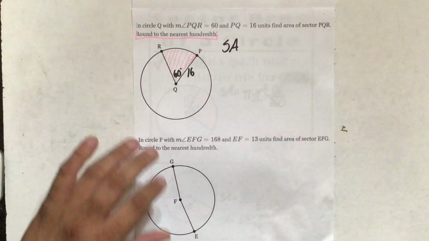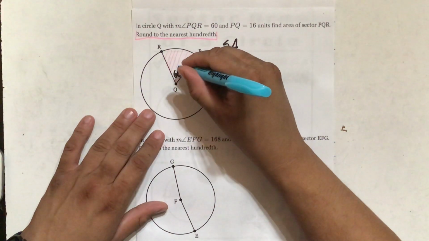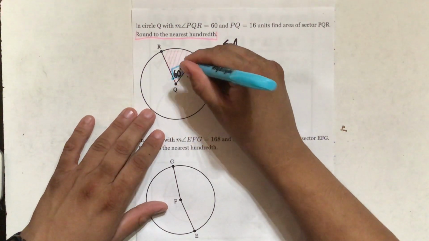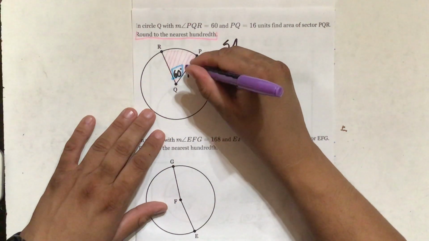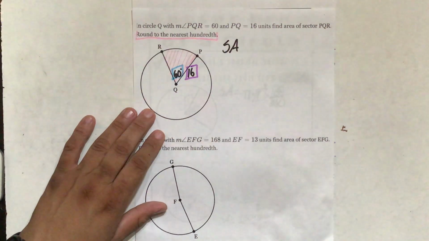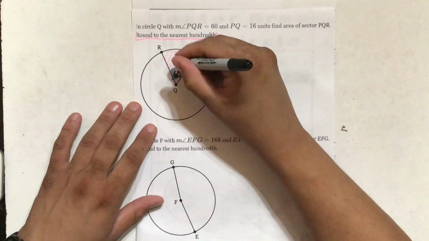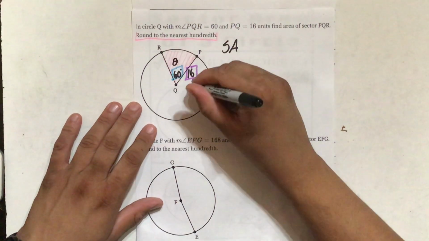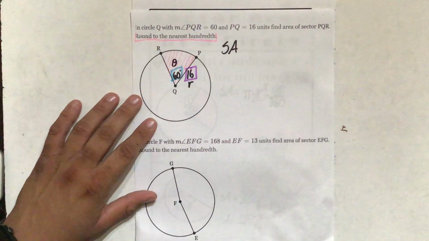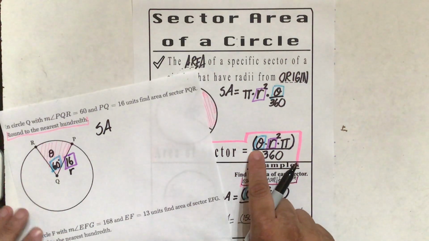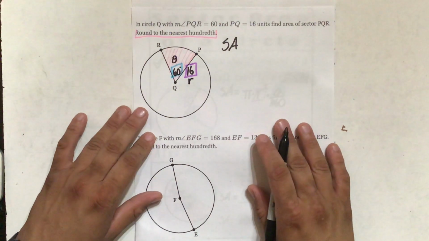Actually before that, let's not forget that my theta is in blue and my radius is in purple. And this is my theta and this is my radius. So let's use our formula here. Parentheses.